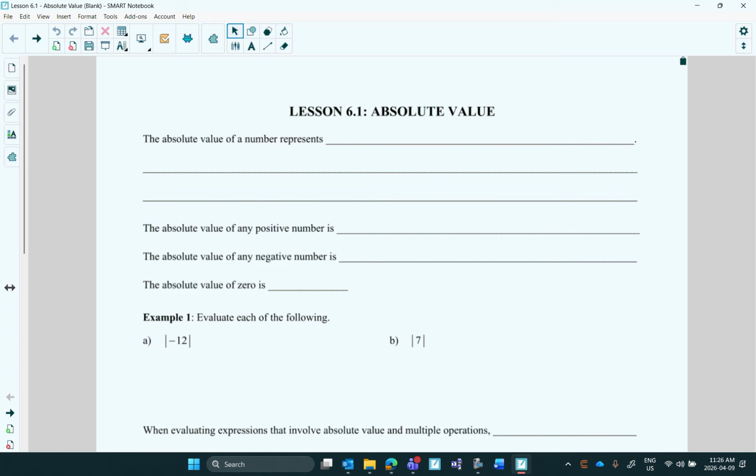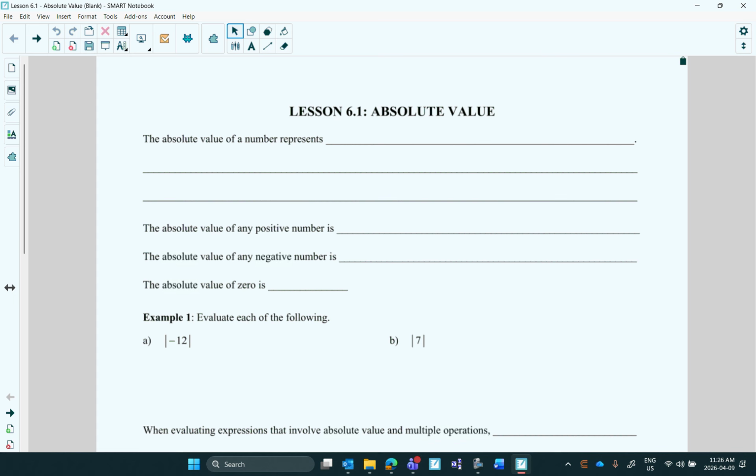All right. Yes, the absolute value of -6 is 6, and the absolute value of 4 is 4. Can you think of a definition of absolute value? It would be like the number, but positive.